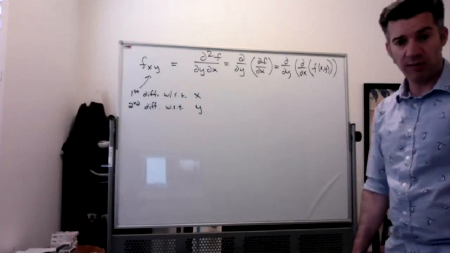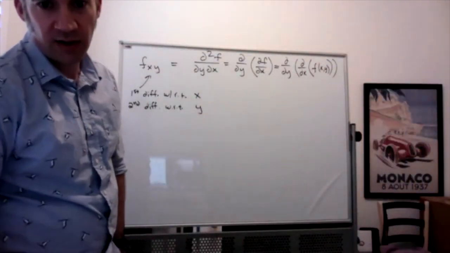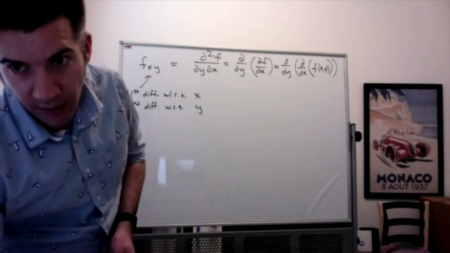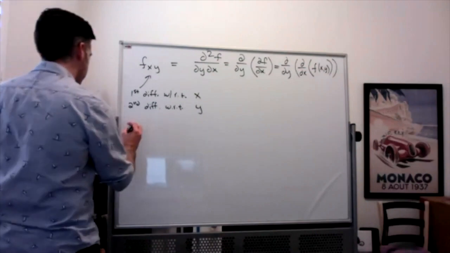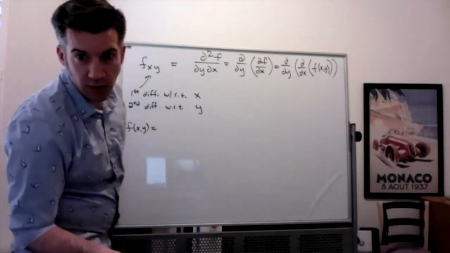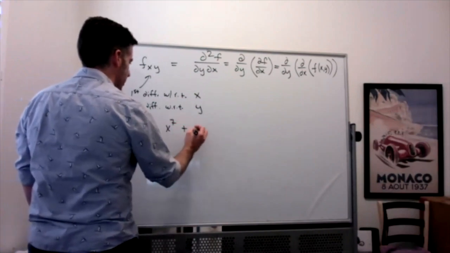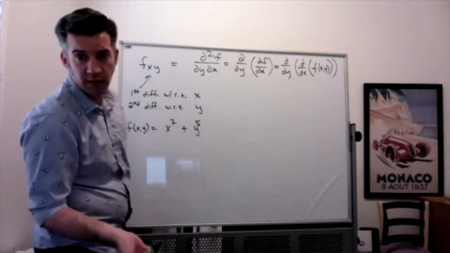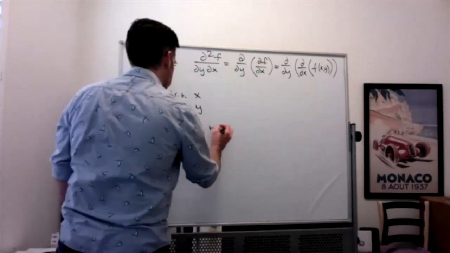So let's look at a couple more examples. Let's look at an easier one just to make sure we're all on board with this. Let's say our function f of x comma y was equal to x to the 7th plus y to the 5th plus x squared y cubed.